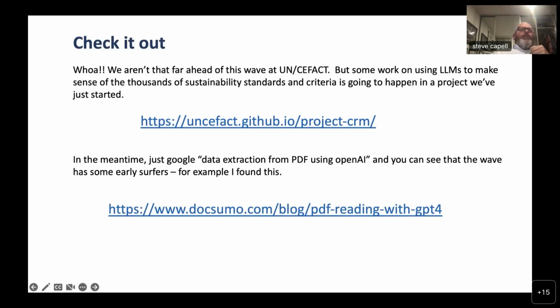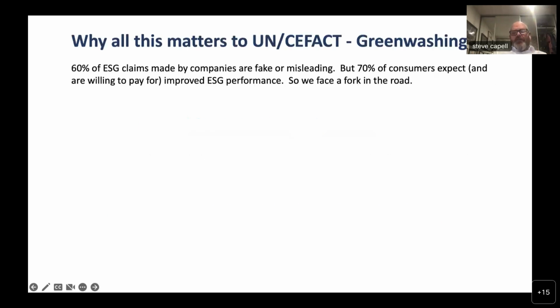And you just got to Google things like data extraction from PDF using OpenAI or some such term, and you'll find a number of hits. So the wave has started. I think it will only get more and more competent and may dramatically change the data integration paradigm as we know it. Why does this all matter to UNECE?